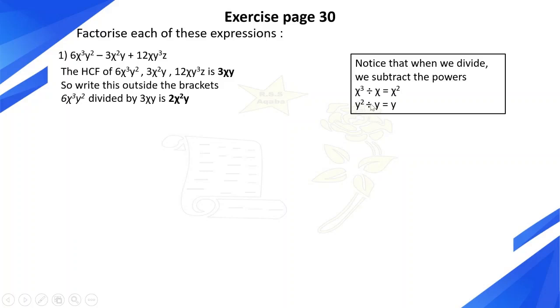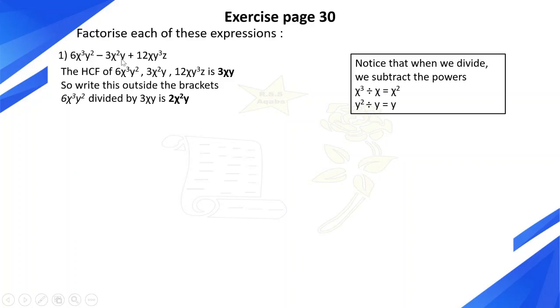Y squared divided by y equals y, because 2 minus 1 equals 1. Now, 6x cubed y squared divided by 3xy is, of course, 2x squared y, because 6 out of 3 equals 2, x cubed out of x equals x squared, y squared out of y equals y.